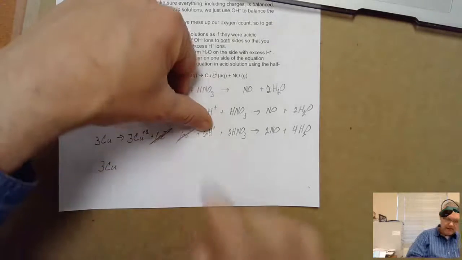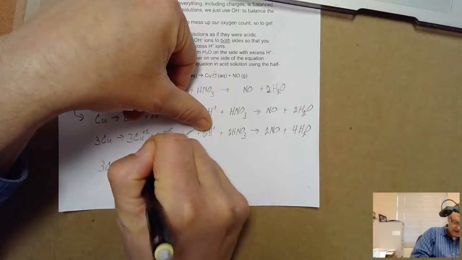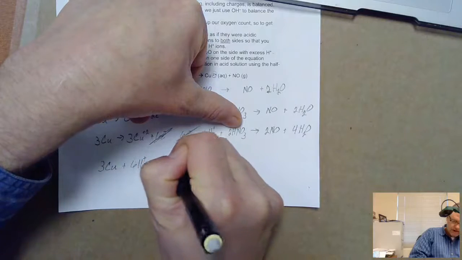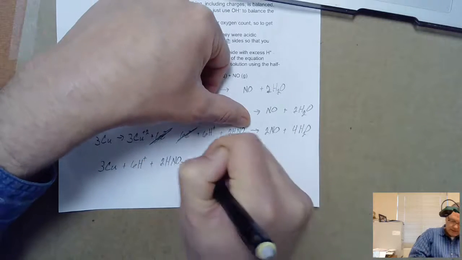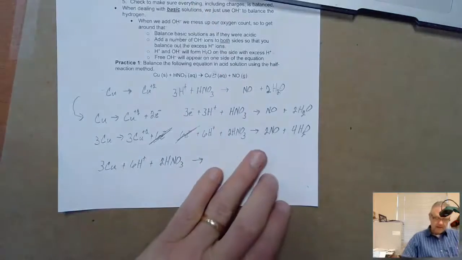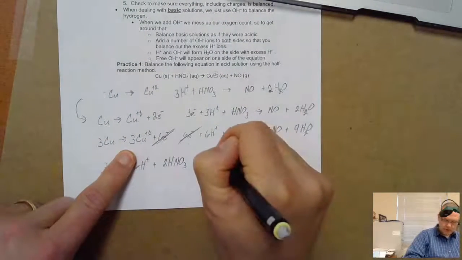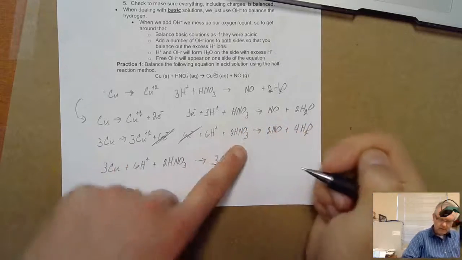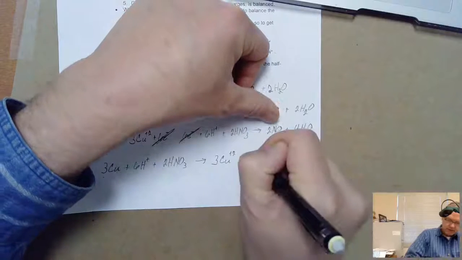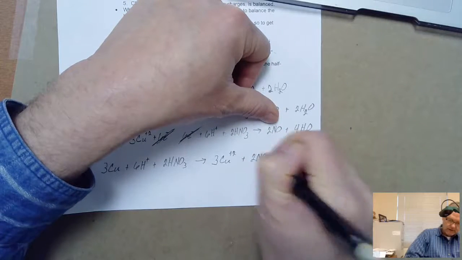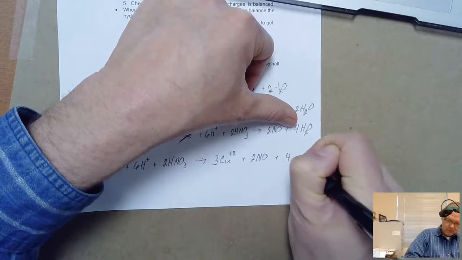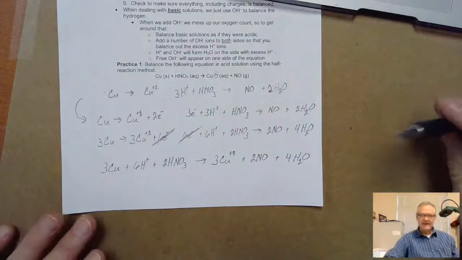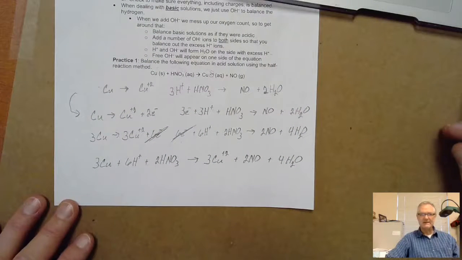Now on this side, you see how I have plus 6 hydrogens plus 2 HNO3s yields, and then I come back over and I do my products. 3 Cu plus 2, and then I come all the way over here and say plus 2 NOs plus 4 waters. So guys, this is my completed balanced equation.